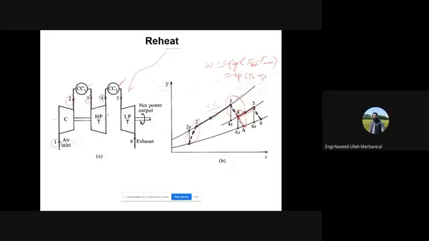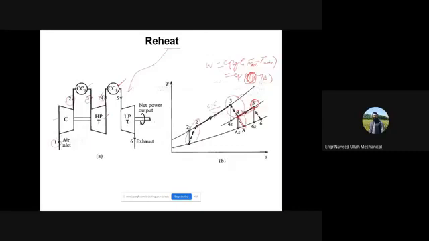So you have actually increased this T4, ये T4 जो है, इसने इंक्रीज किया है T5, right? So by increasing the temperature from T4 to T5, you have basically increased the enthalpy, and the enthalpy drop आपके पास फिर ज्यादा है. From there we are expanding it in the low pressure turbine in order to get this net work output.